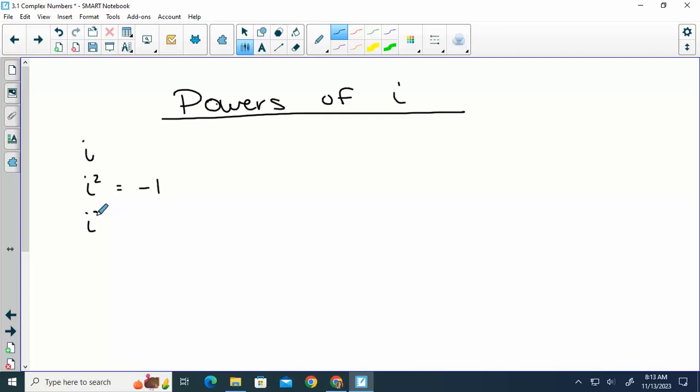If I gave you i to the third, so that means you would have 3 i's multiplied together, right? That would be the same as i squared times i. What's i squared? Negative 1, so negative 1 times i, that gives us negative i.